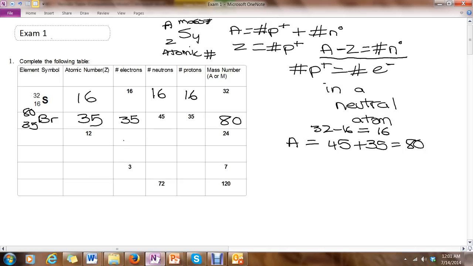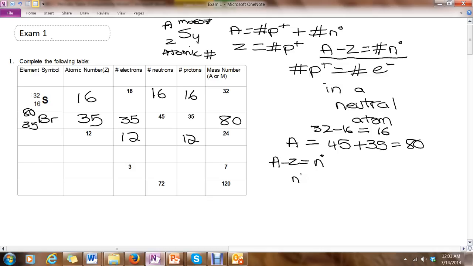Let's go ahead and look at the other ones. Atomic number is the same as the number of protons, which is 12, and the same as the number of electrons in a neutral atom, 12 too. So the number of neutrons would be, A minus Z is equal to the number of neutrons.